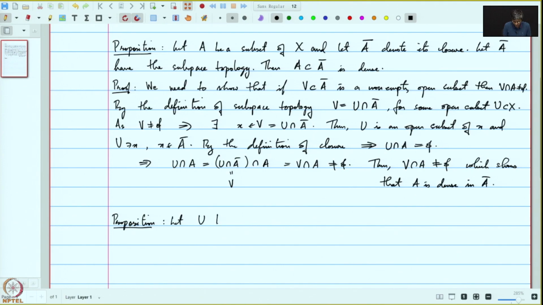Let U be open in X and V be open in U, where U has been given the subspace topology.